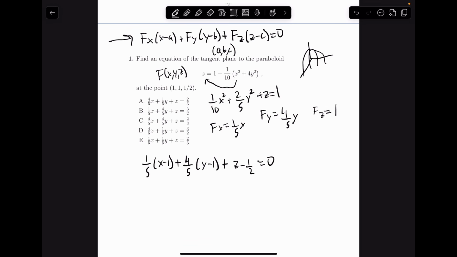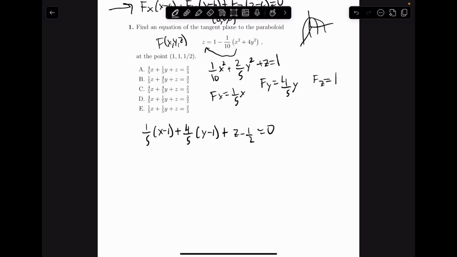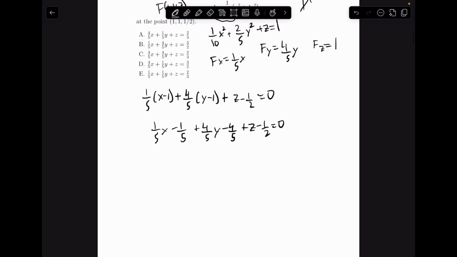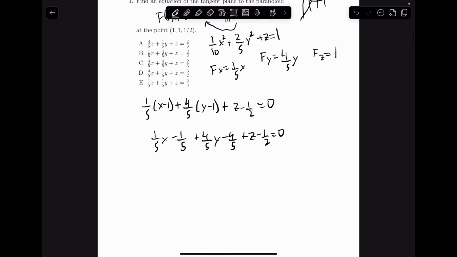And this is all equal to 0. Pretty cool stuff. Now it's just combining like terms. We're going to get 1 over 5 x minus 1 over 5 plus 4 over 5 y minus 4/5 plus z minus 1/2 equals 0.